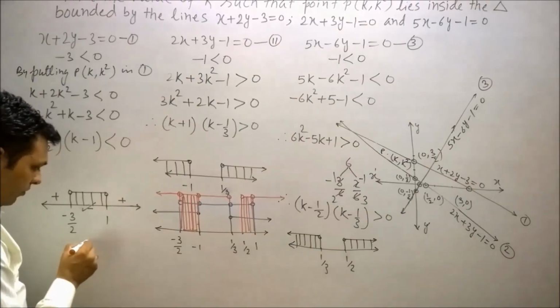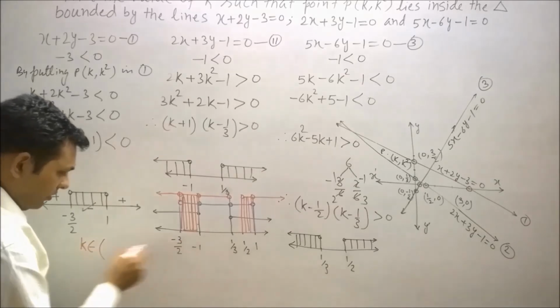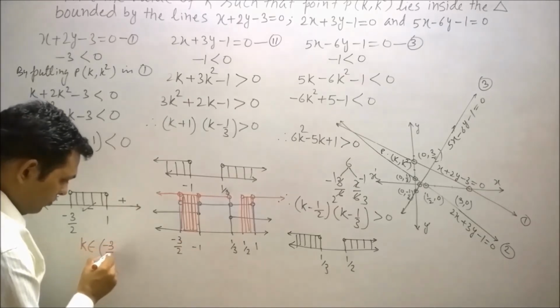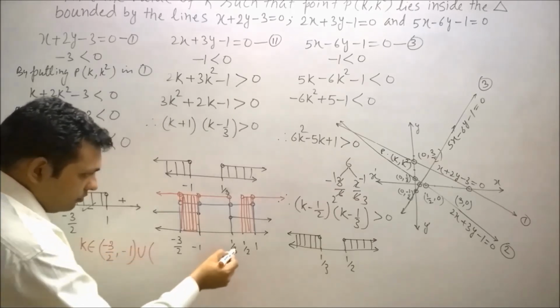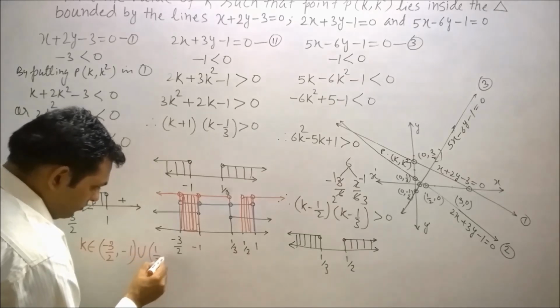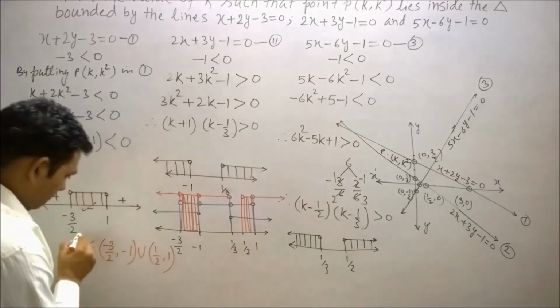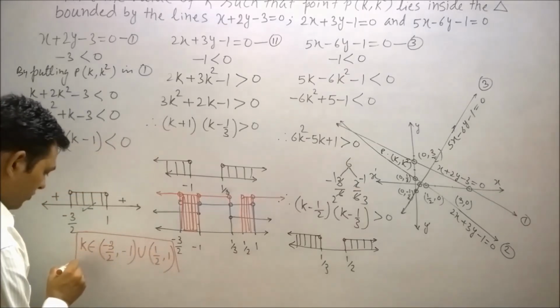So k belongs to minus 3 upon 2 to minus 1 union 1 upon 2 to 1. So this is our required set for k.